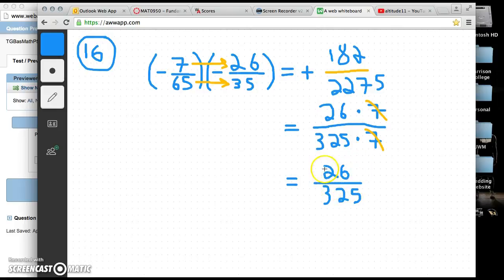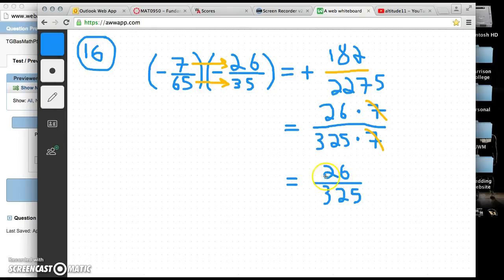So here I'm actually going to concentrate on this number 26 first. 26 is an even number, so 2 goes into it, but notice that 325 is an odd number, so you know that these do not share a common factor of 2, since 325 doesn't have a factor of 2. 26 would not have a factor of 3, it would not have a factor of 4, nor 5, nor 6, nor 7, nor 8, nor 9, nor 10, nor 11, nor 12.